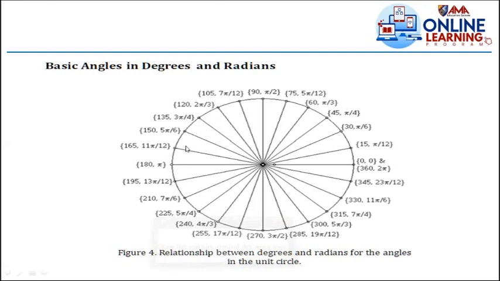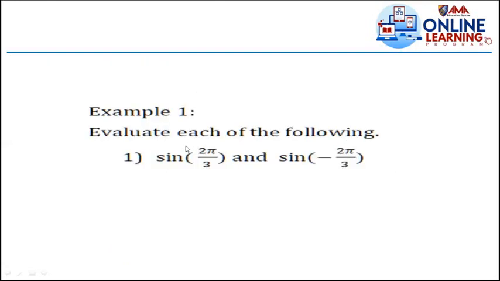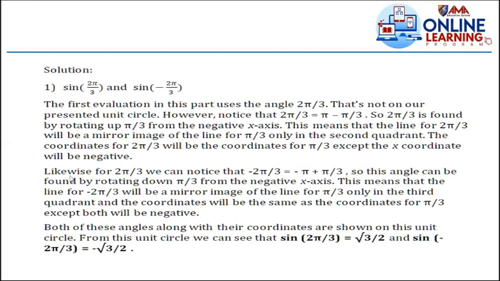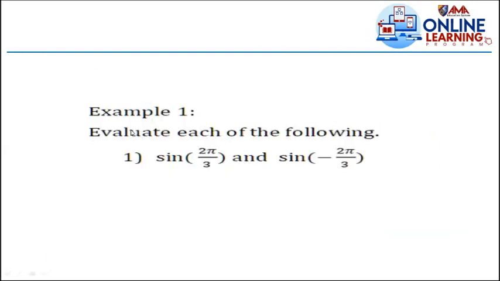Likewise, we can notice that negative 2 pi all over 3 is equal to negative pi plus pi all over 3. So this angle can be found by rotating down pi all over 3 from the negative x-axis. Yung isa naman by rotating up pi all over 3 from the negative x-axis.